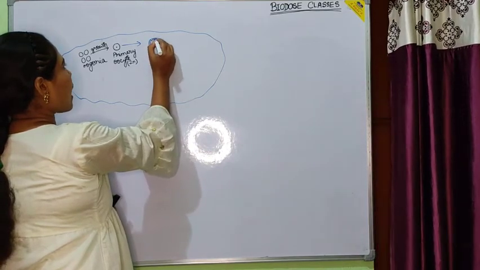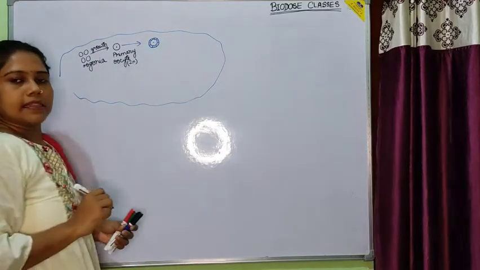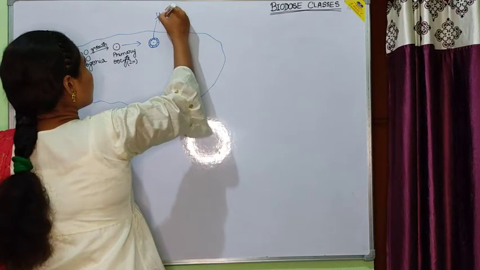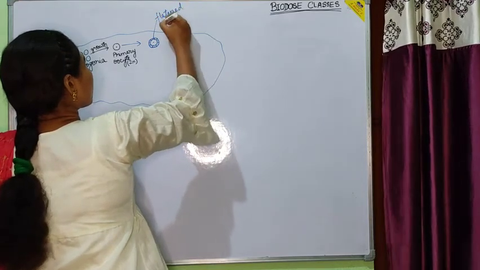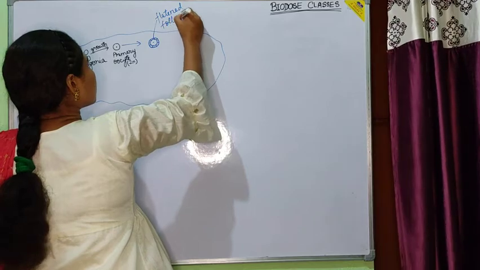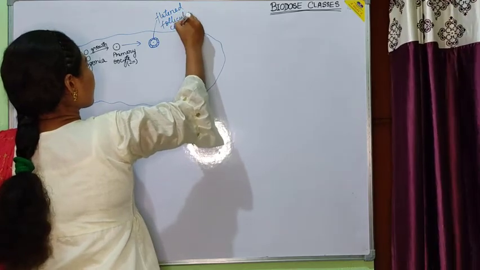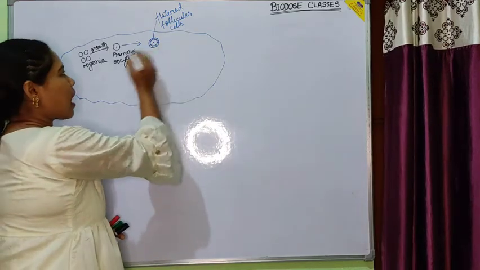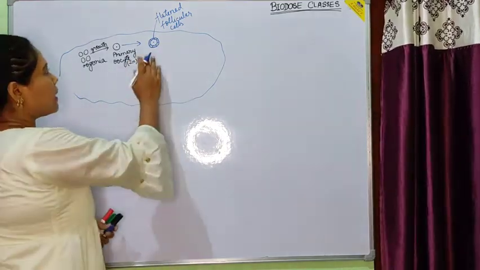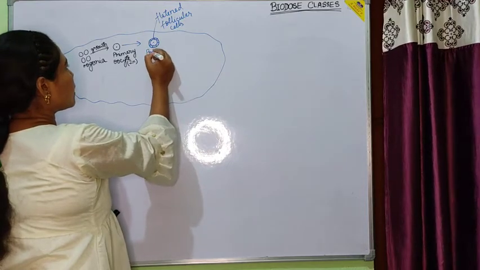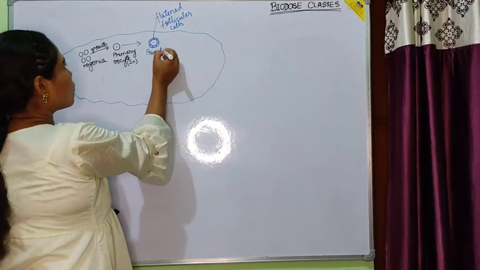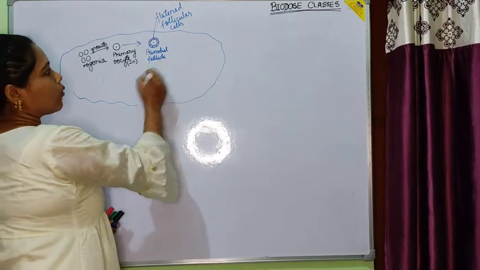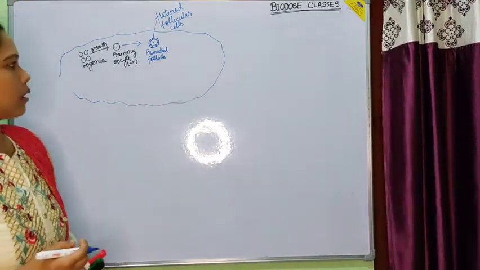These are the flattened cells, or flattened follicular cells. Now, when the flattened follicular cells surround the primary oocyte, it is known as a primordial follicle, or you can say it is a 1 degree follicle or primary follicle.